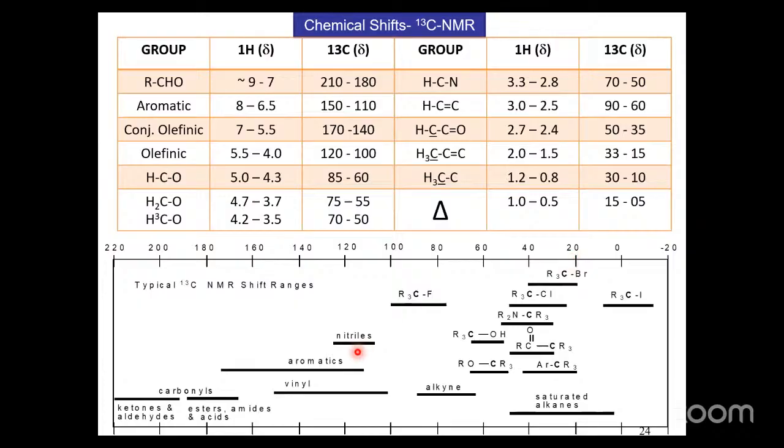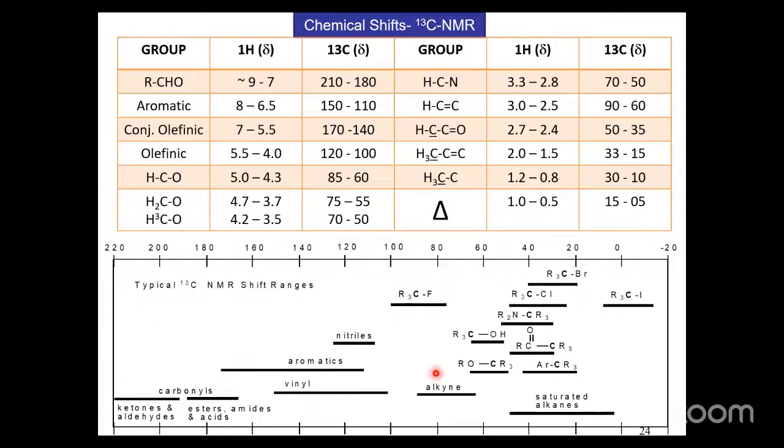The olefinic region starts from 100 to almost 120, so this will be olefinic, and aromatic carbons will fall in the same region. Alkyne carbons fall between alkanes and alkenes. They come between 60 to 80.